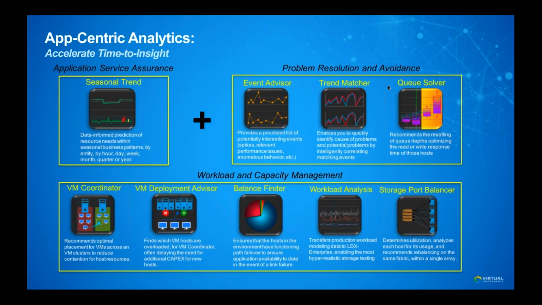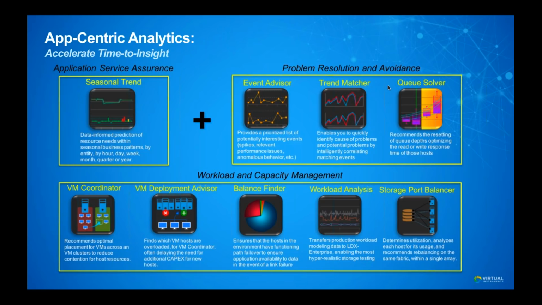And so we built analytics to process that data focused on 3 real use cases. I'm going to go into depth about seasonal trending because, to my mind, that's what really enables an application-centric perspective on infrastructure performance. But obviously, we've got advanced analytics for problem resolution and avoidance, things like Event Advisor and Trend Matcher that identify anomalies and then correlate those to other causal parts of the environment.